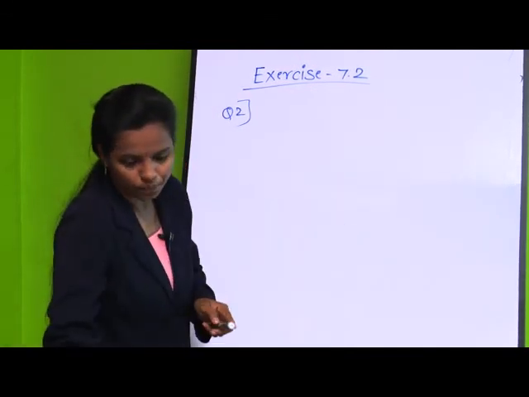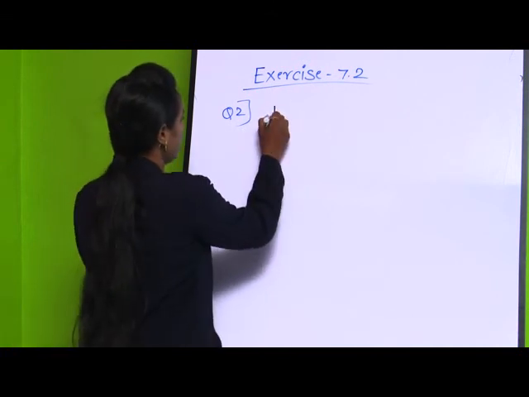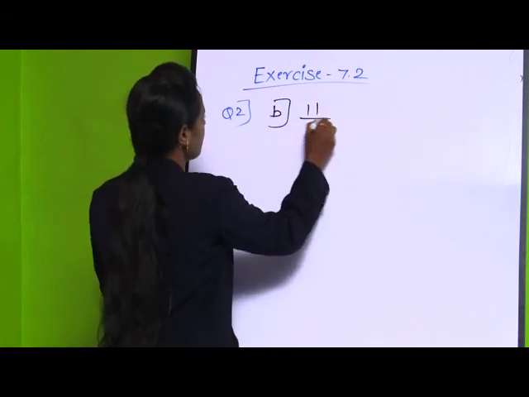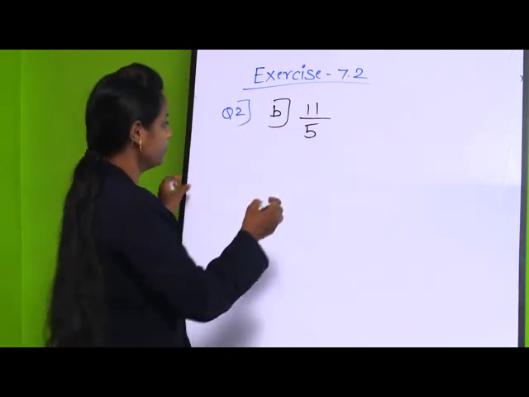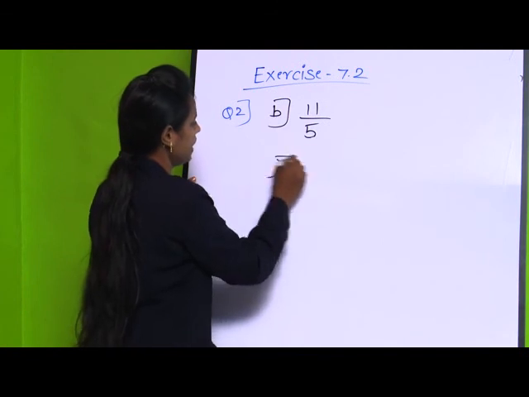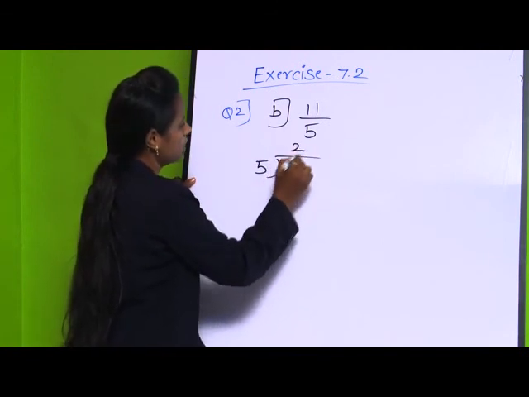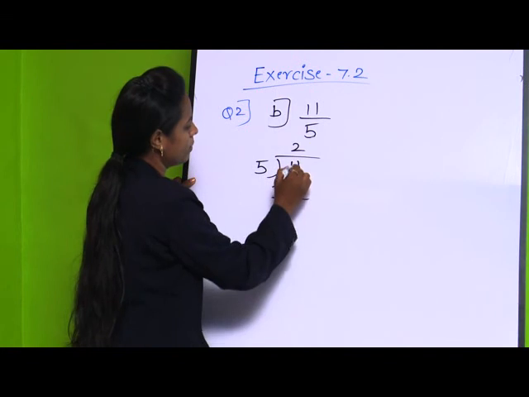Let us see now, the next one we have is 11 by 5. So 11 divided by 5. We have 5 2s are 10 and 11 minus 10 is 1.